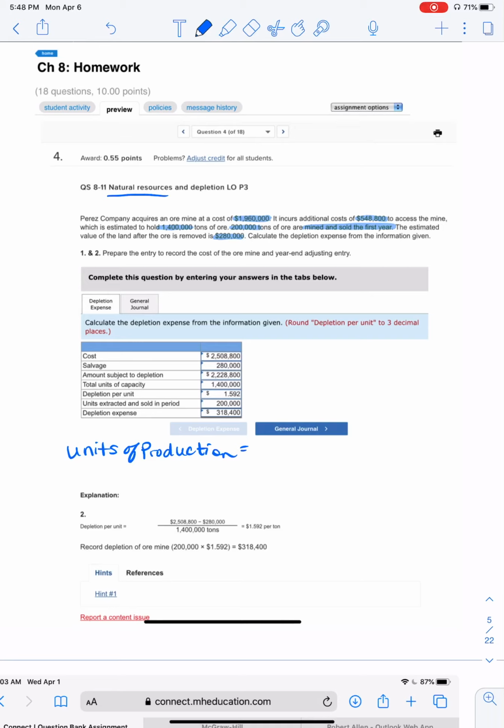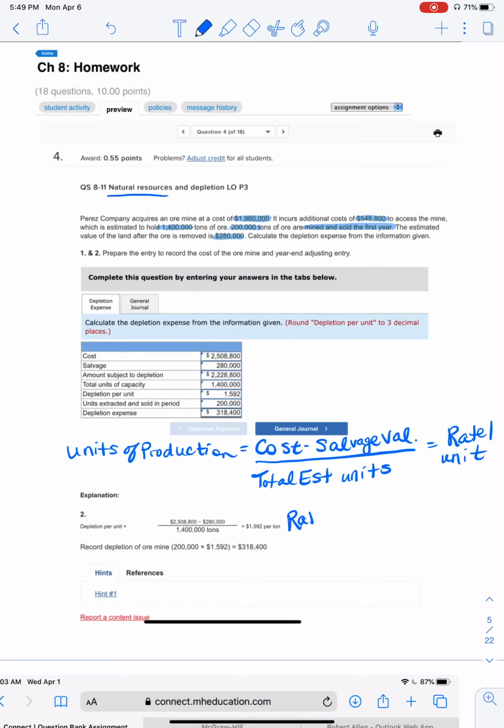In this case, the formula becomes cost minus salvage value divided by total estimated units, and that's going to equal my rate per unit. Then I'm going to take my rate per unit and multiply that by my units used in the current period.